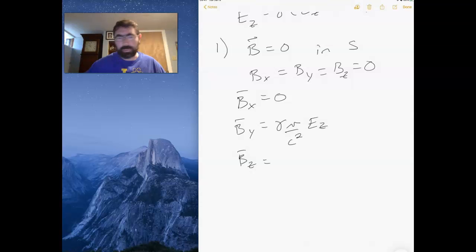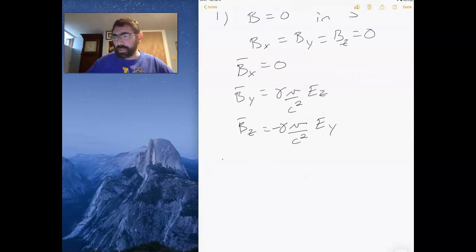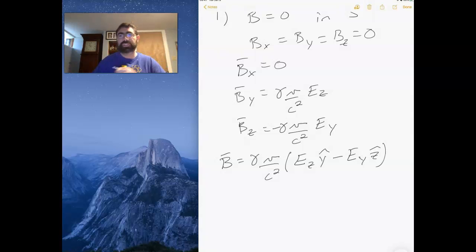Bz would be gamma minus v over c squared Ey. So that means that the total vector is going to be gamma v over c squared Ez in the y direction minus Ey in the z direction.